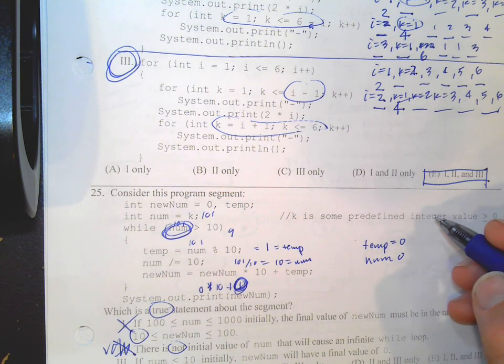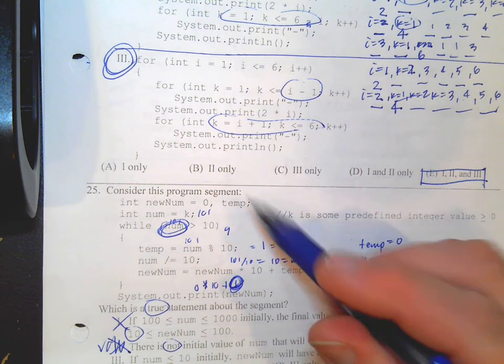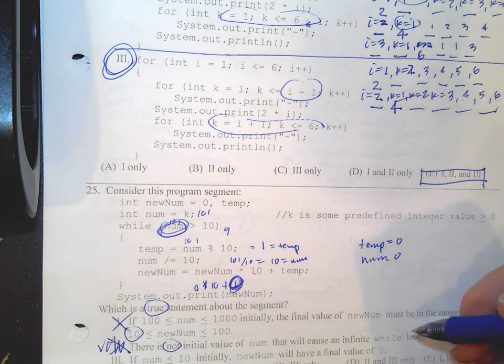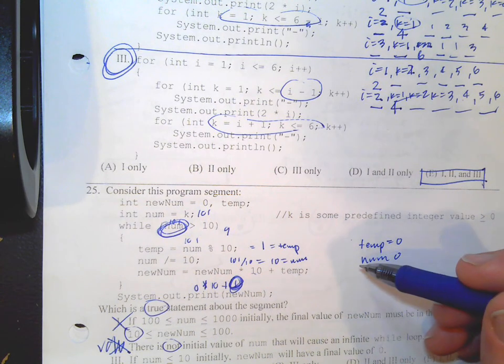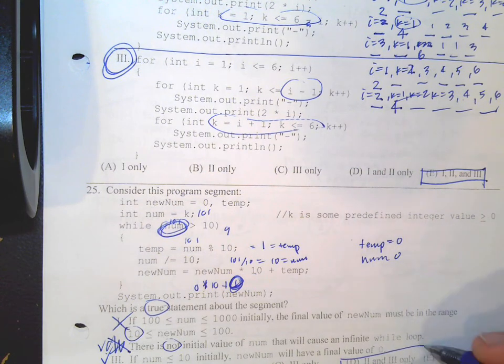And then you're going to print out the newNum equals itself times 10, which is 0, plus temp. So I mean, you could try some other values, but this one's going to work. So it's going to be 2 and 3.